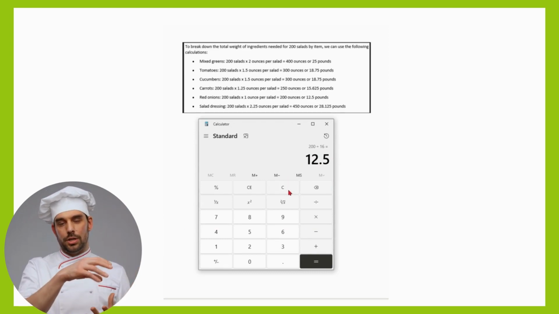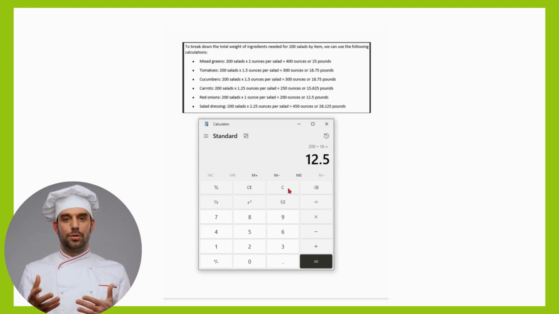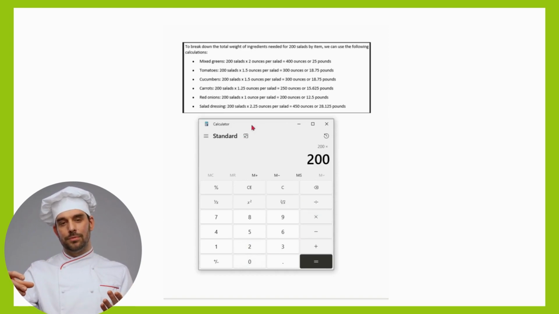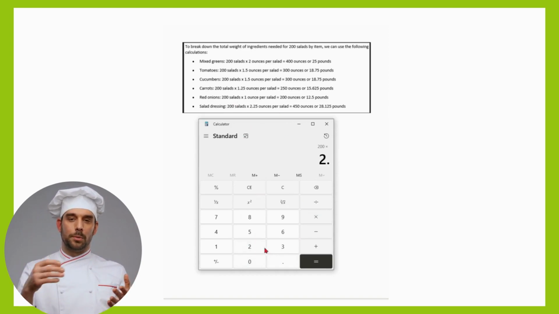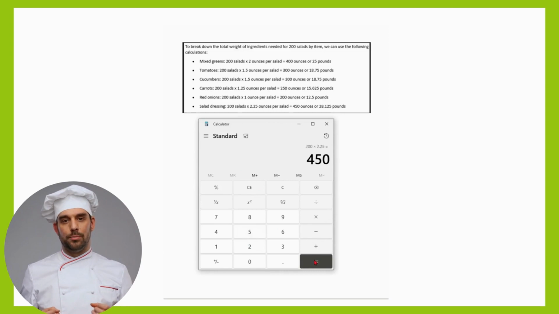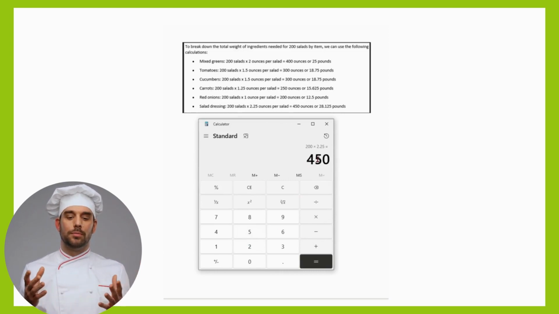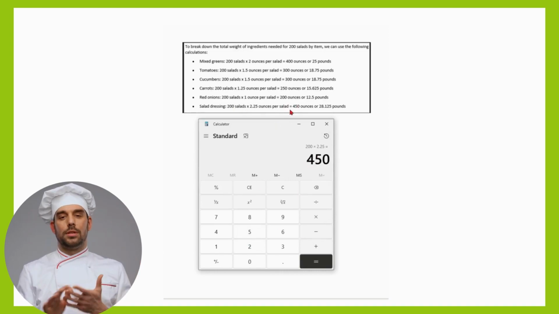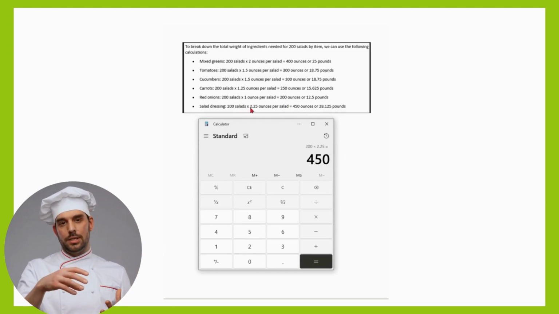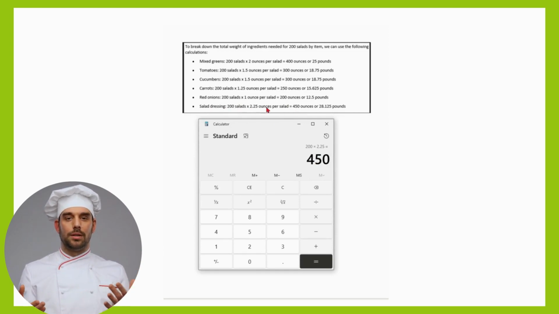Okay, so salad dressing here. This is, I think, what confuses you guys here. So let's do, it's 200 times, that's how much dressing we're putting on there. So that's the amount of ounces. So for liquid, we're going to divide this. I just know from here that I can do the math into gallons.